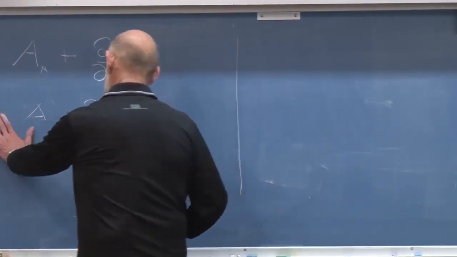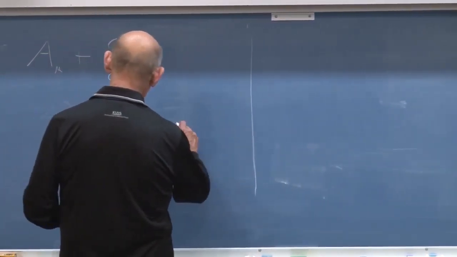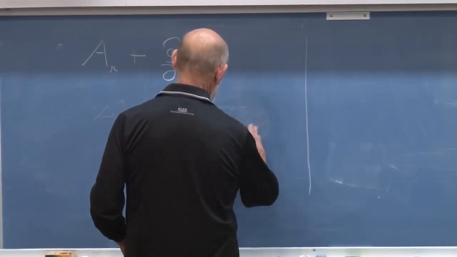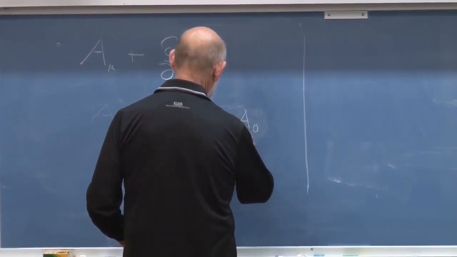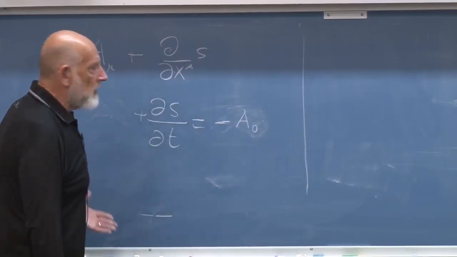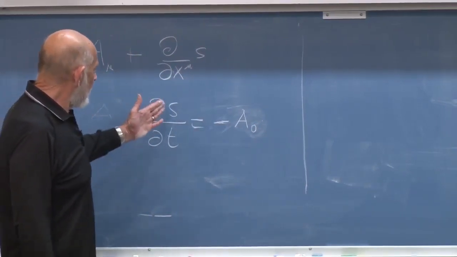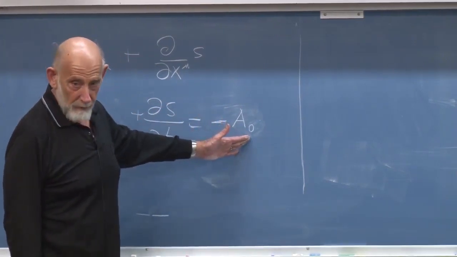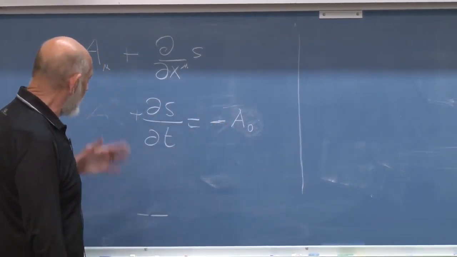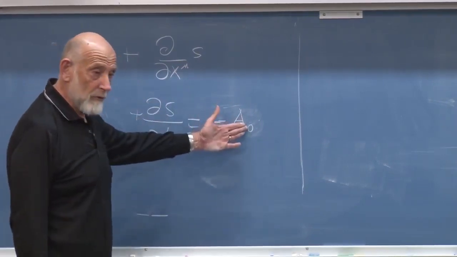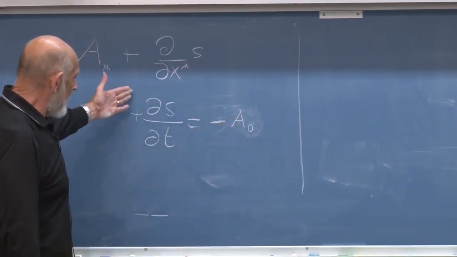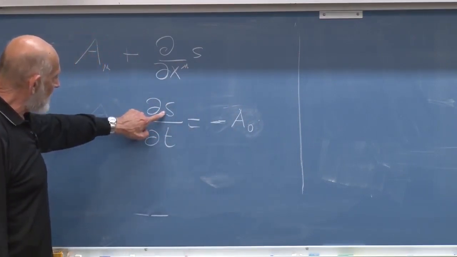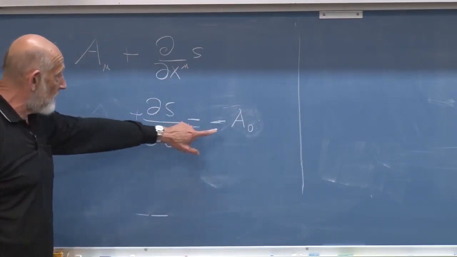Can I choose S so that dS by dt is equal to minus A0? Well, yes, you can always find an S such that its derivative is any particular function. That you can convince yourself of. You do it by S being some integral of A0. But given any function on the right-hand side, you can always find a function S on the left-hand side whose time derivative is equal to A0.